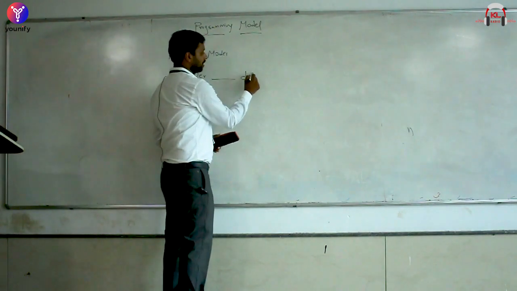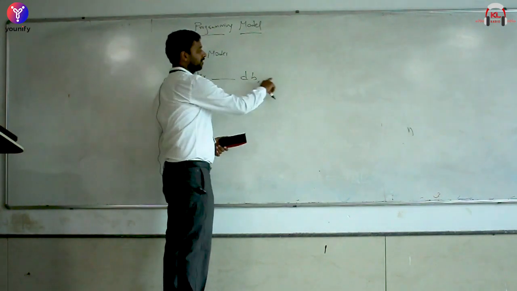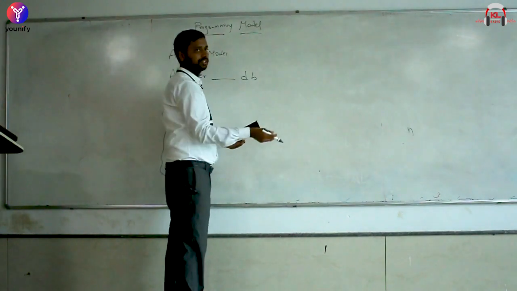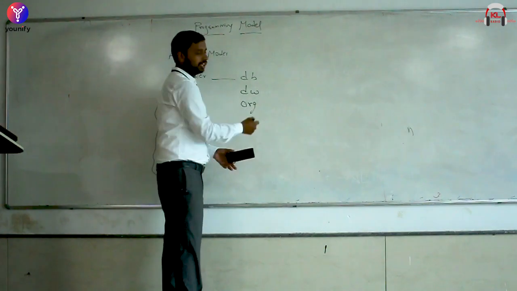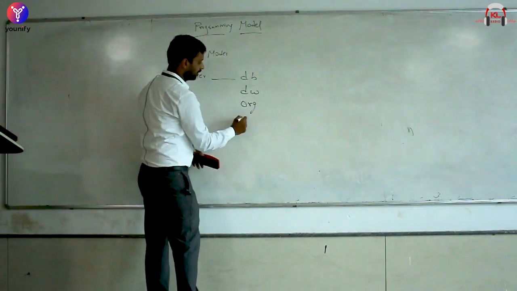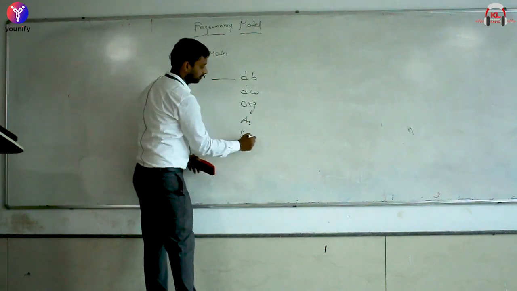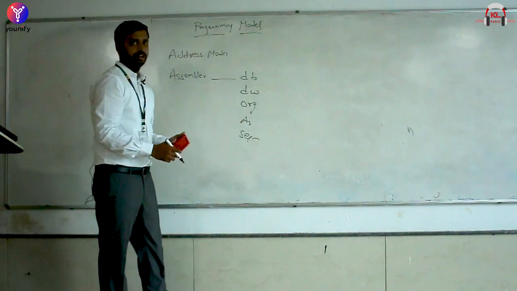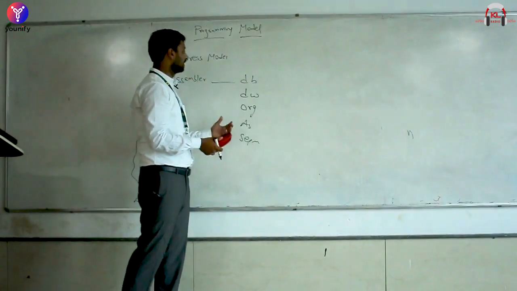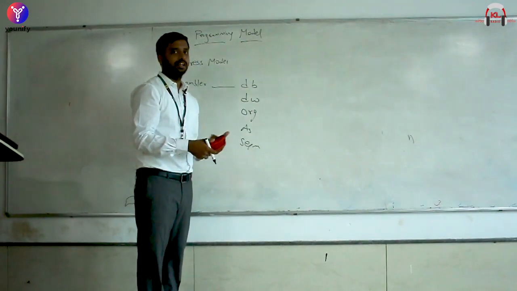Maybe you know a couple of examples. DB means defined byte, so whatever data comes beside it will be stored in the size of bytes. DW is words. ORG is where you want to originate. You have ASSUME, you have SEGMENT, and so on. What they do is assist the assembler to understand what you are trying to do.